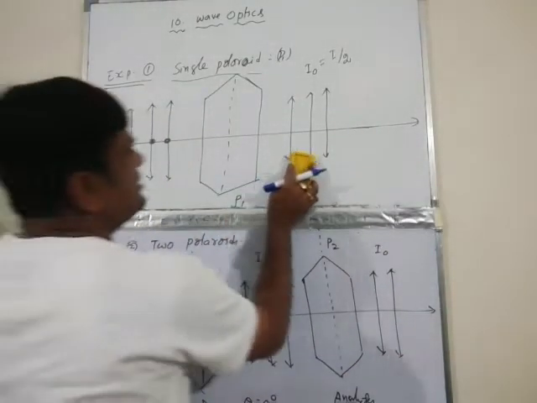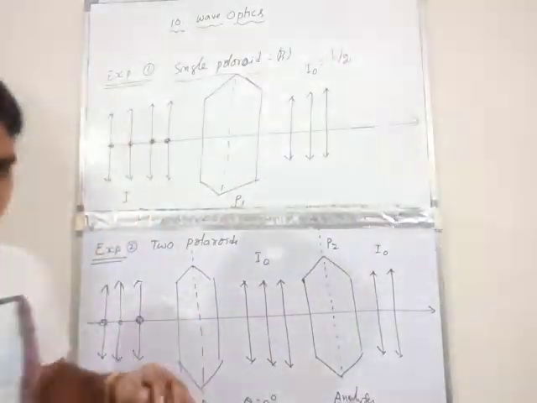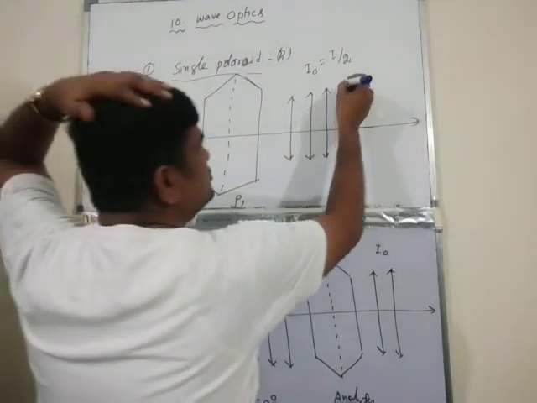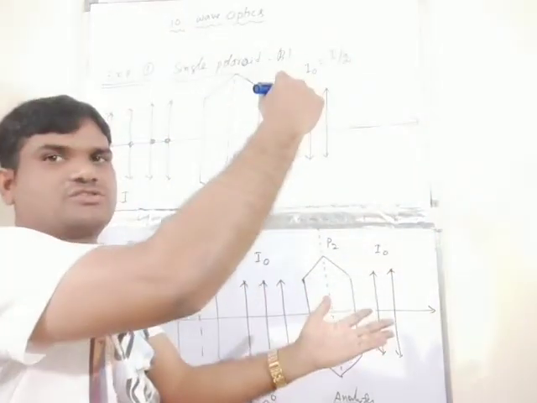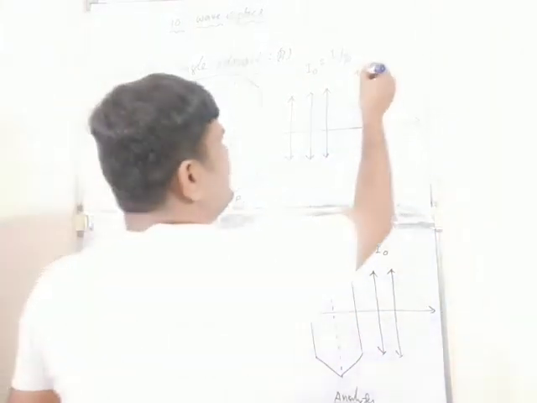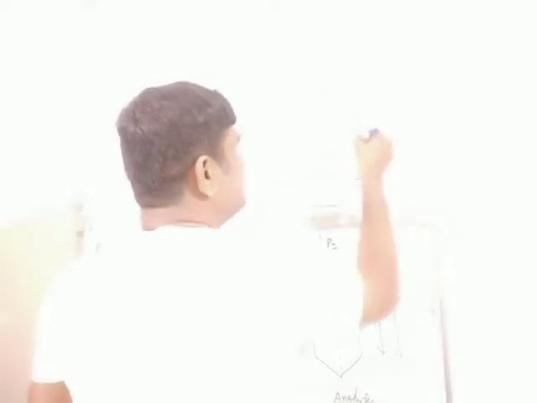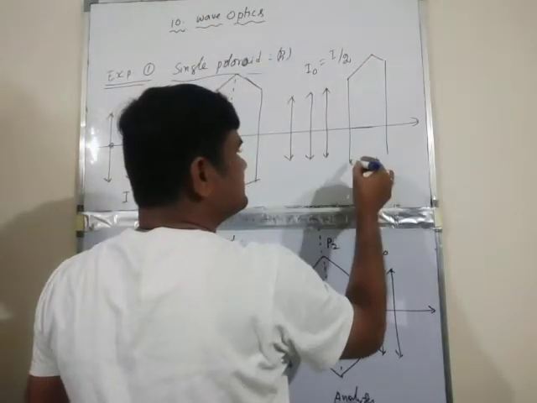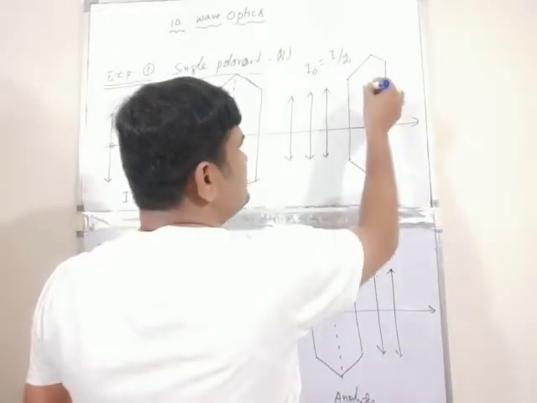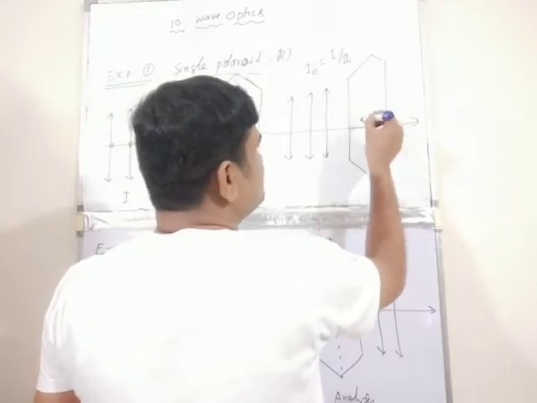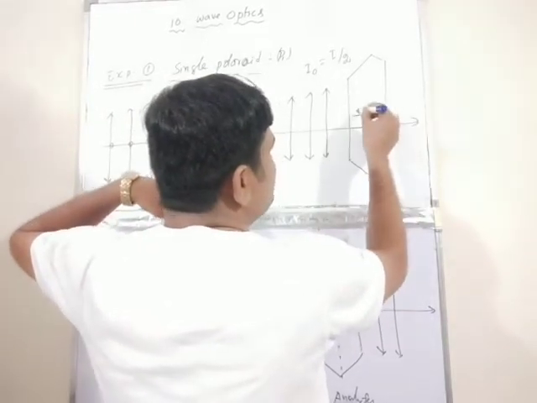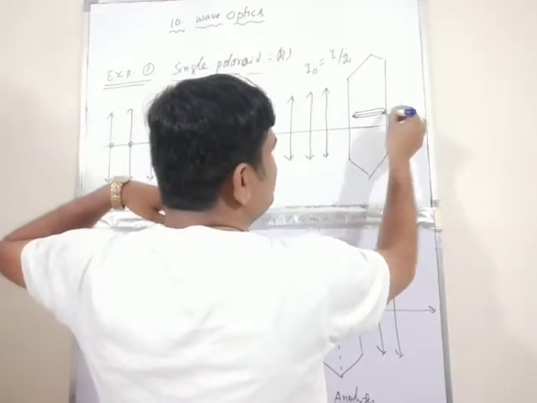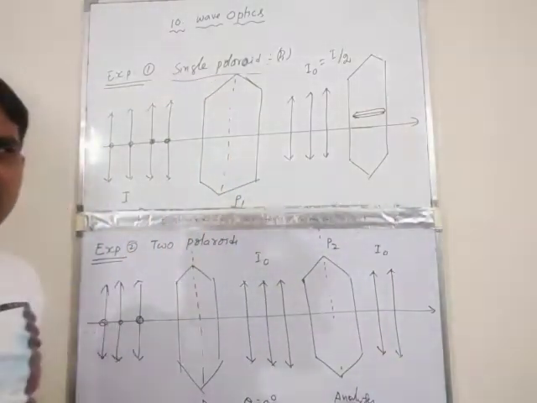Then, for example, I will keep P2 a little bit in this manner, so I change the angle only. That means the slit shape I can change. In this direction I will consider 90 degrees. This is the slit.